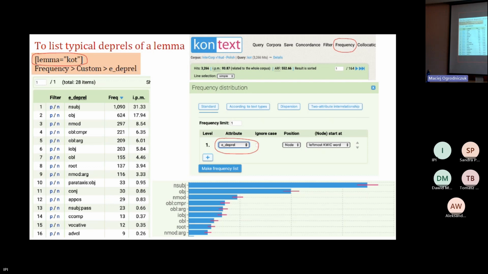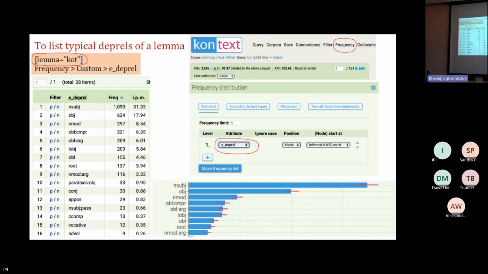So kot is the lemma, and then in the search interface you go to frequency, and then you pick what kinds of attributes of the keyword in your concordance should be listed. It's listed by frequency. You can change it, and you see that mostly the cats are the nominal subjects. They can be object, but much less often. And you get this, and you can also get this graph from here.